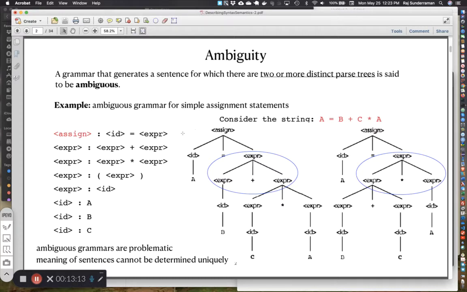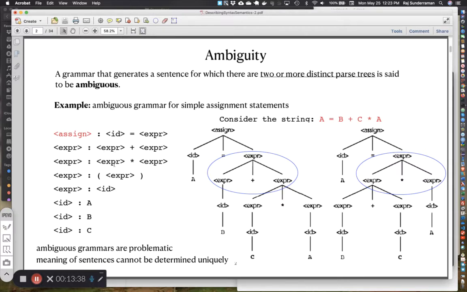So that would be the full tree for the first option. And then the right side is the second option, where we chose the multiplication first and expand it to expression times expression, and this expression expands to expression plus expression, and of course those expand to b and c, and this one expands to a.